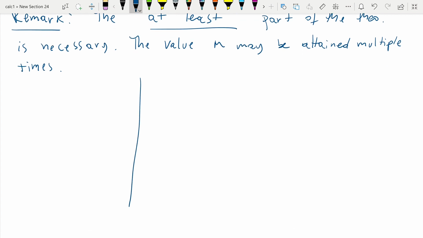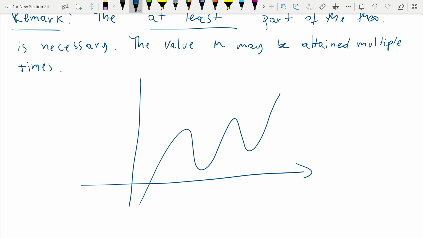So if you look at this, for instance, you can see that if you call this A, and this B, so that this is f of B, and this value here is f of A. Then if you look at this m, then m is attained at several different points inside the interval.